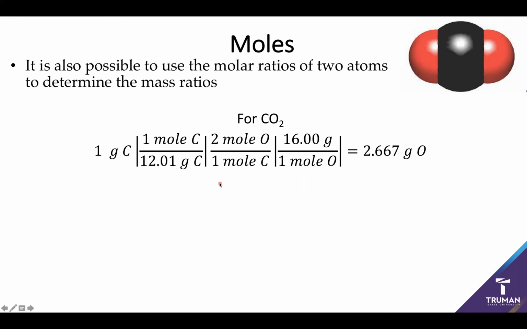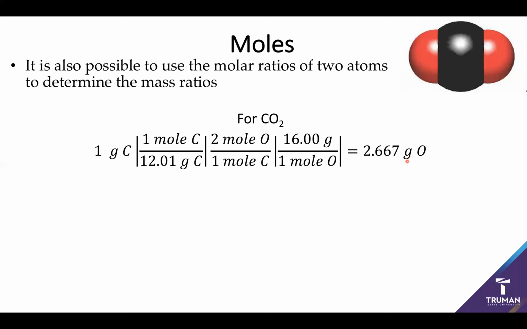Then I can convert from moles of carbon to moles of oxygen, and then from moles of oxygen to grams of oxygen. So this is one way I can confirm, based solely on the molecular formula, the mass ratio of grams of carbon to grams of oxygen. And this gives us a taste of the big power of moles.